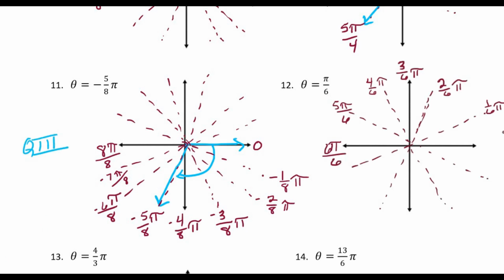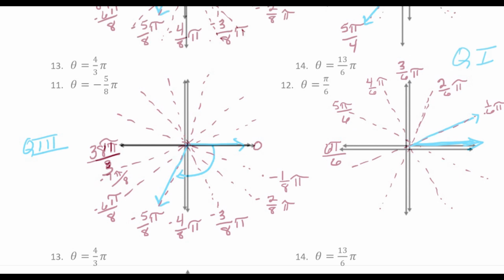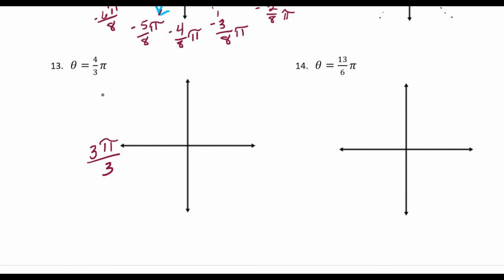In problem 12, you can see that I have the top half of my graph divided into 6, and I want to sketch in pi over 6, and that is in quadrant 1. Sometimes when you're sketching in thirds, it's a little bit harder to do, because you tend to want to use this y-axis as one of your lines, but you're not.